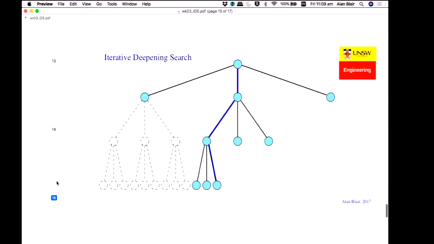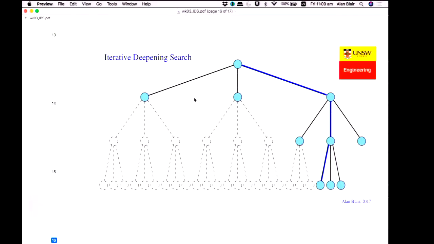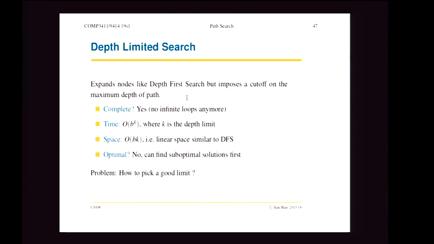So in that case, you could regard this as a graphic of depth limited search. Is it complete?